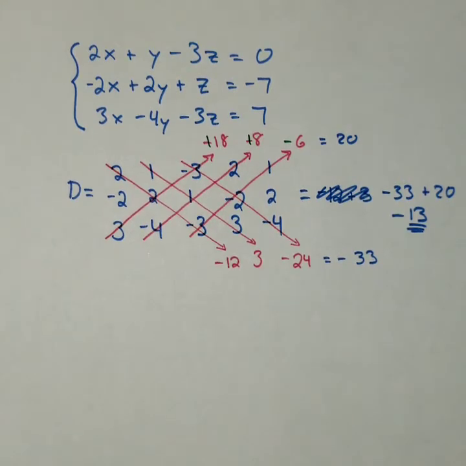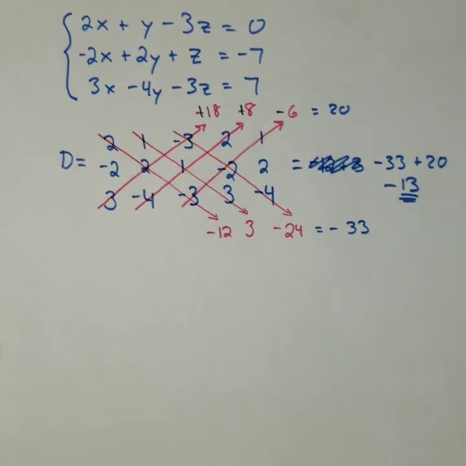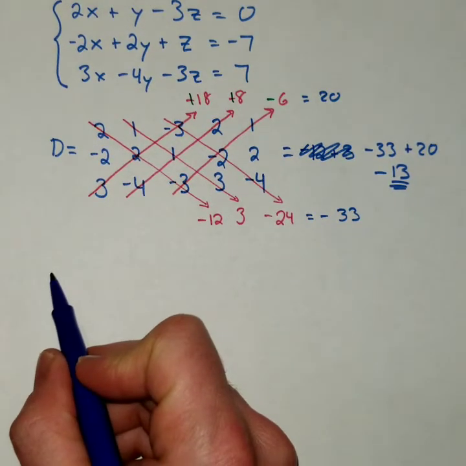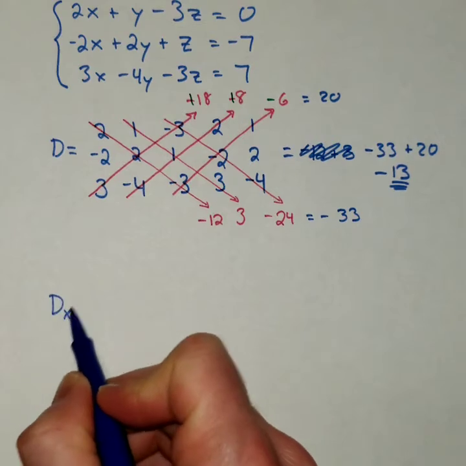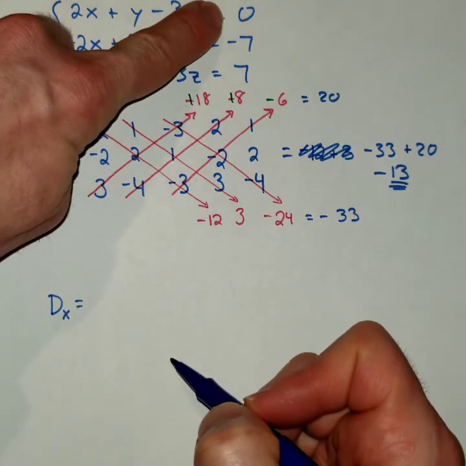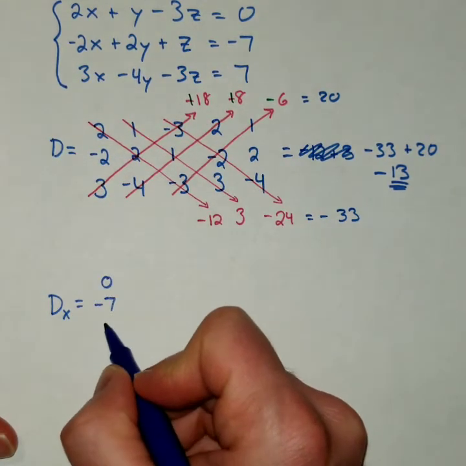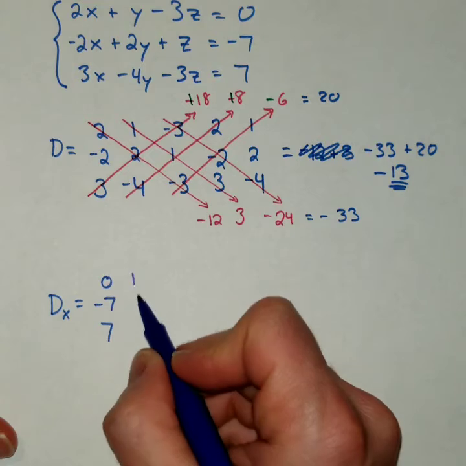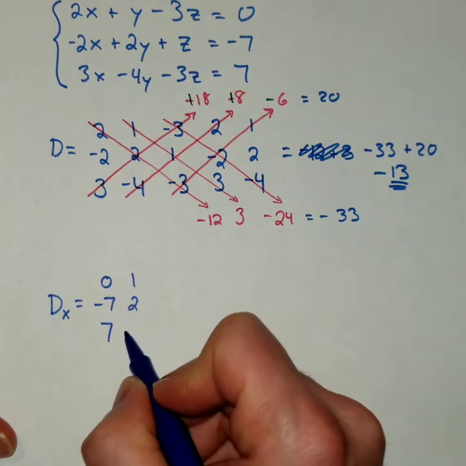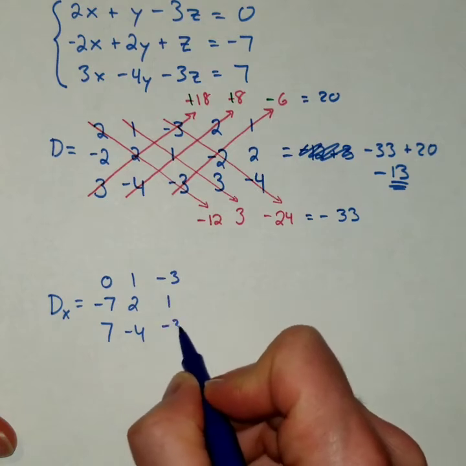Now, of course, I've got to do this 3 more times, so this is not a super short process. We go D sub X next. So we replace the X column with the 3 constants. So we'd have 0, negative 7, 7, and then everything else is the same. 1, 2, negative 4, negative 3, 1, negative 3.